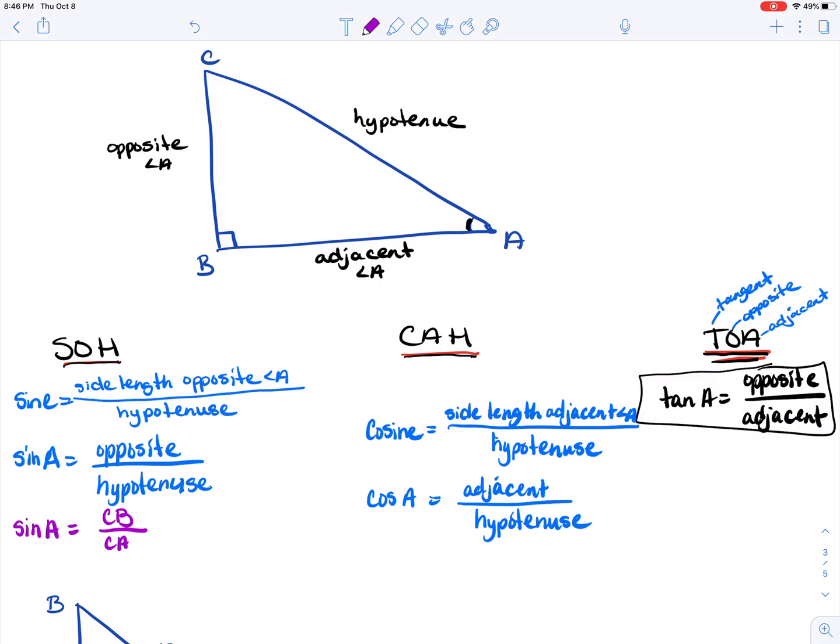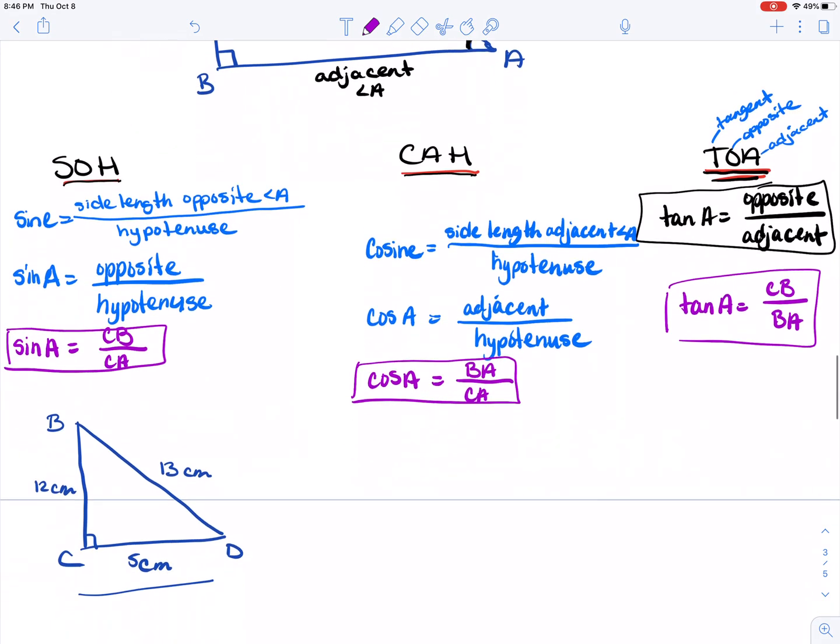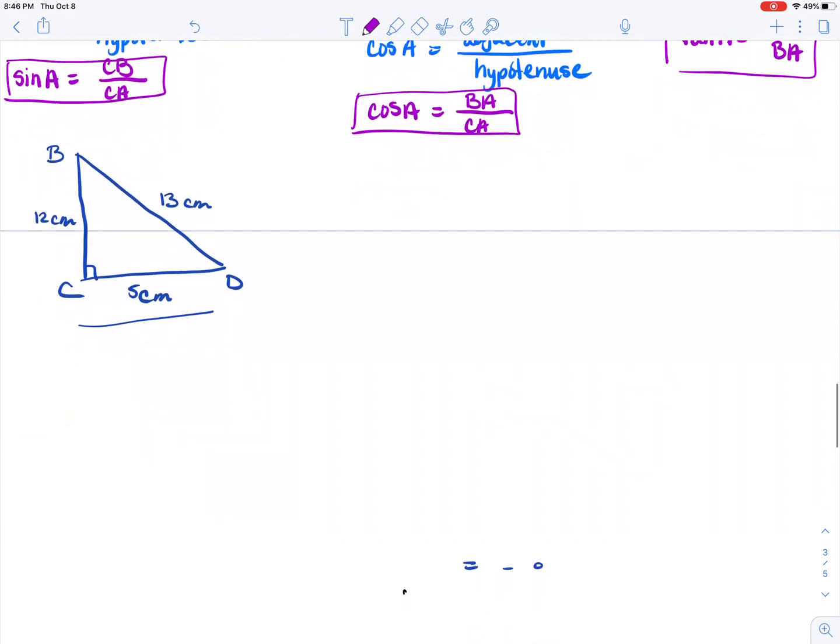That means that cos A equals BA, the adjacent line, divided by CA, the hypotenuse line. And of course, tan A equals CB over BA. That's how sometimes you will see it written for all three of these in your homework, quizzes, or on tests.